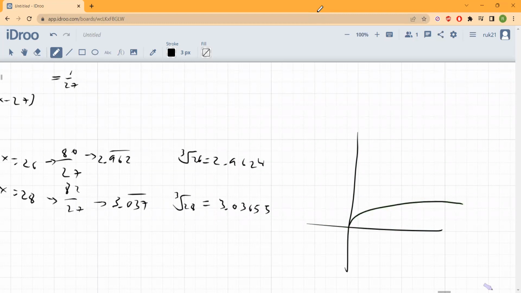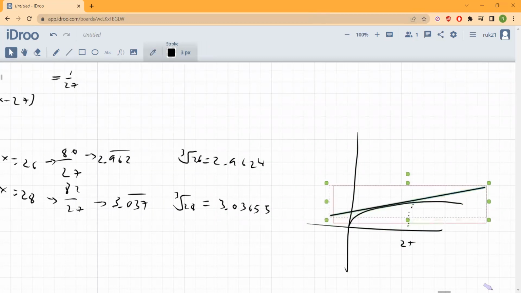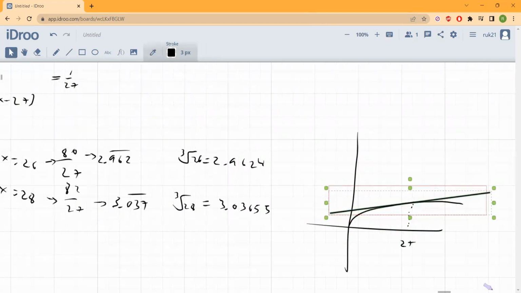It's going to level out a lot faster. Let's say 27 is over here. If we build the linearization at this point, as we know, I'm terrible at drawing these lines, even though I have a tool that helps me make them straight.